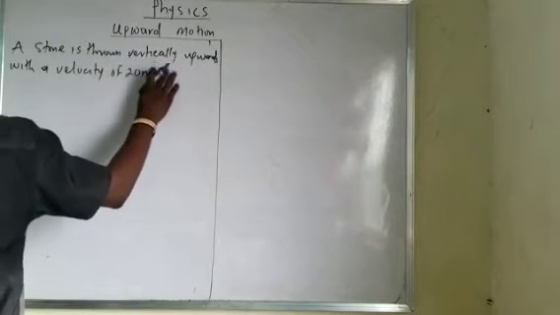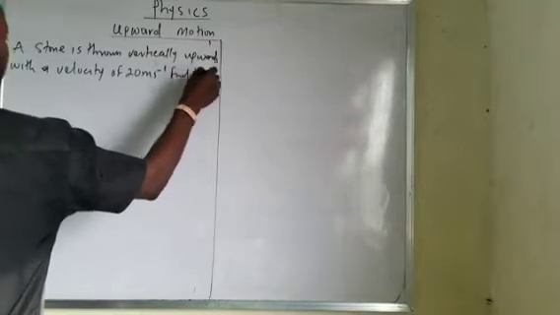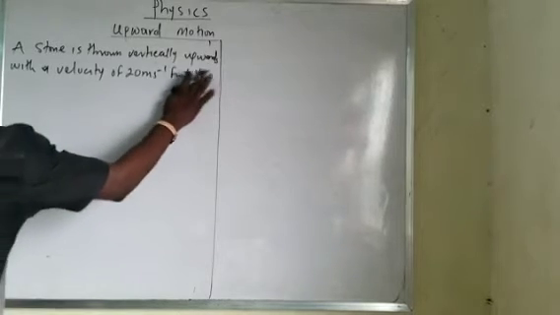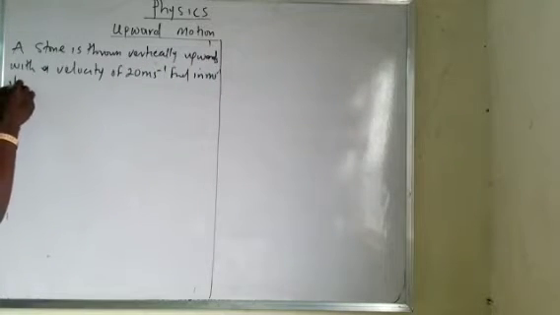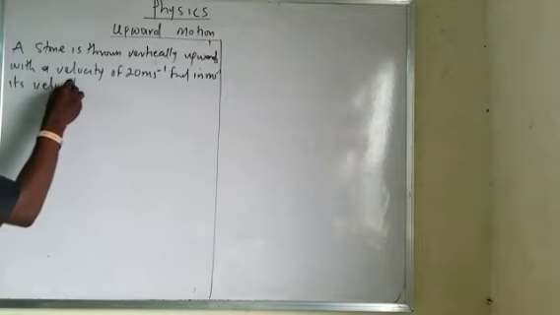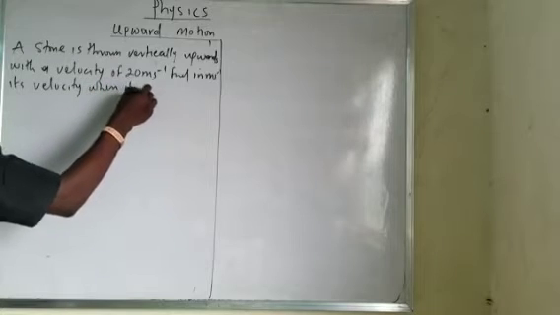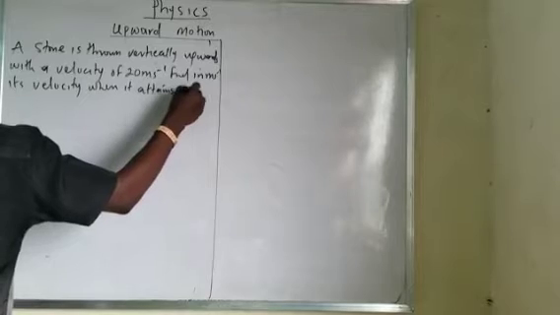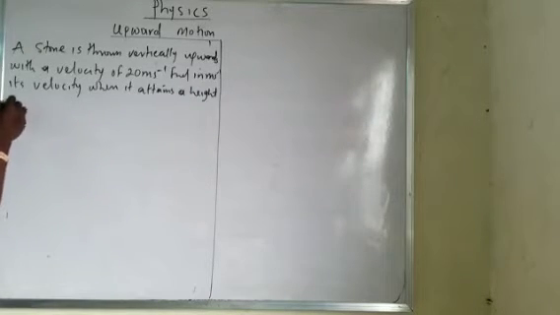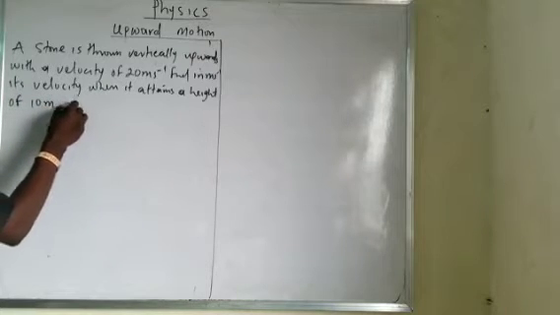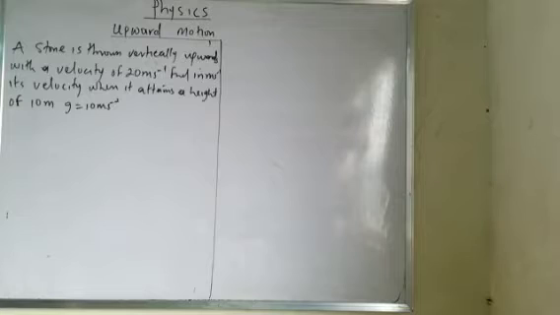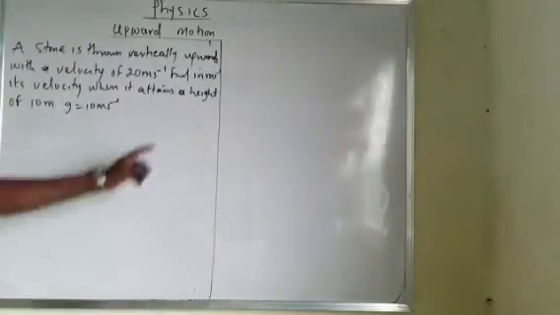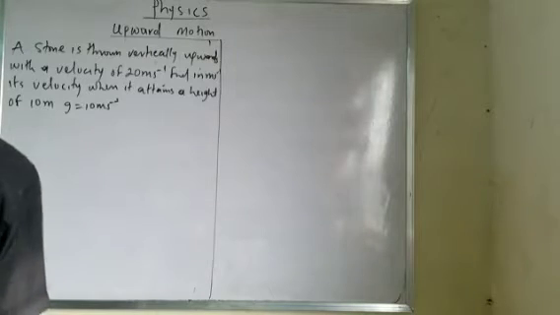Find, in meters per second, its velocity when it attains a height of 10 meters, taking your gravity as 10 meters per second squared. The stone attains a particular height.